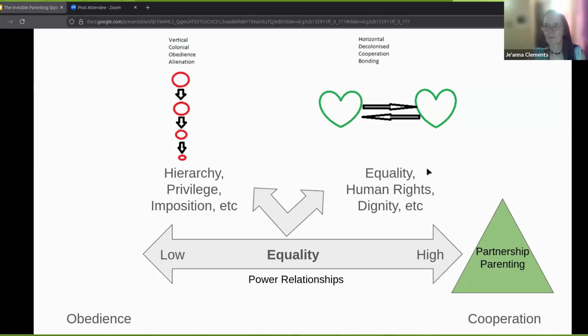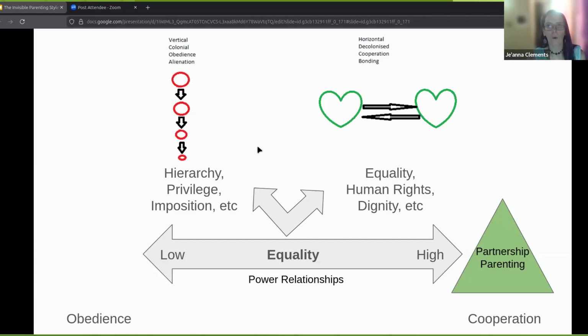I think a number of different people have tried to name this a number of different ways, but let's just go with this idea of partnership parenting as a catch-all for now, because there's actually a few variations in style up here as well. But I don't want to get too complex with this multidimensional matrix. So let's just cluster them together and say partnership parenting, which is about cooperation.